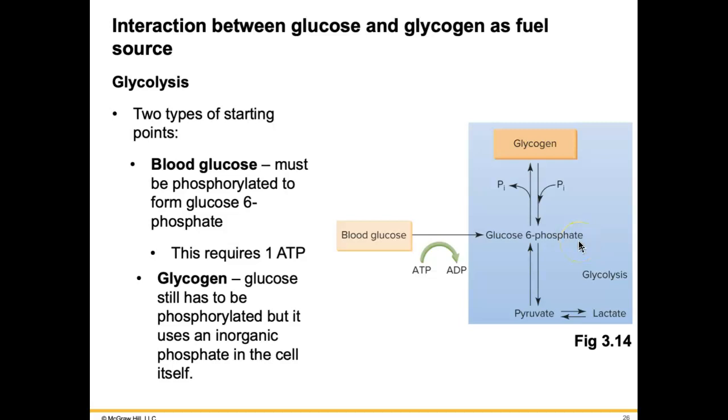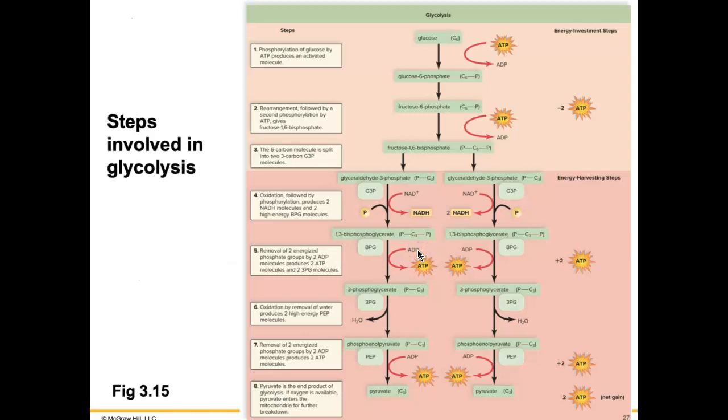Instead, we can use an inorganic phosphate that is in the cell itself. So if we start with glycogen, then through the process of glycolysis, we will actually end up with 3 ATP as a net result rather than 2 ATP, because we are utilizing one of the ATPs here with our blood glucose. So here are all of the steps involved in glycolysis.